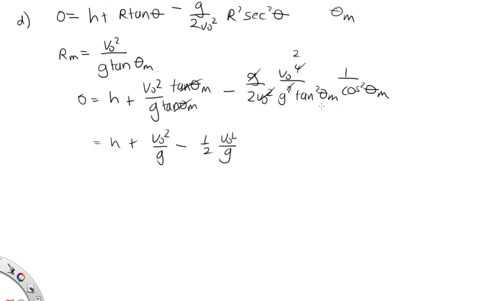Now tan²θ, we can write this because 1 over tan²θ is equal to cos²θ over sin²θ. So this and this will actually cancel out, and we'll have 1 over sin²θ_M.